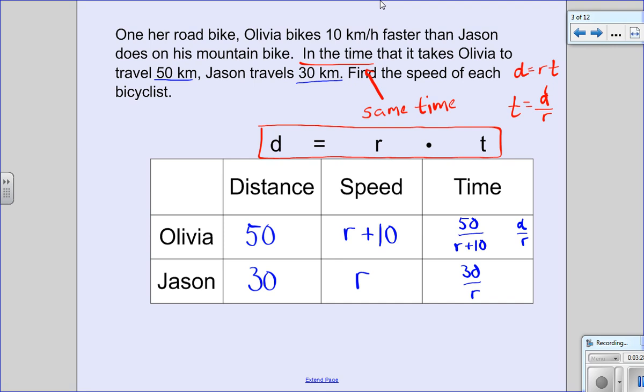Now the reason this is useful is that we can use this information to set up an equation. Here's all their information, and what we know is that Olivia's time and Jason's time are the exact same. So if I write these two expressions and set them equal to each other, I will then have an equation where my times are equal. So I'll do that on the next page.